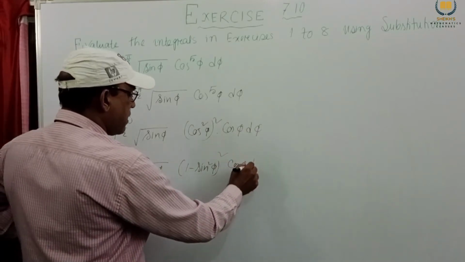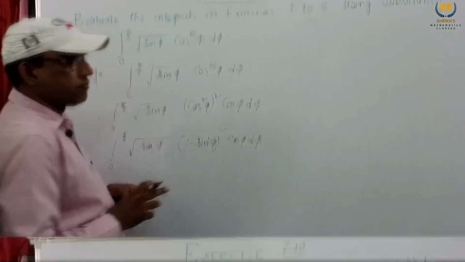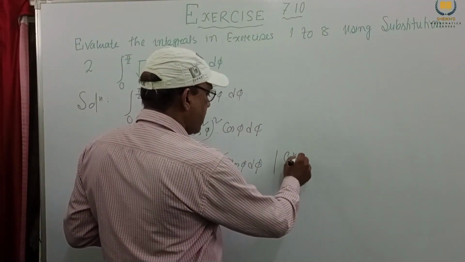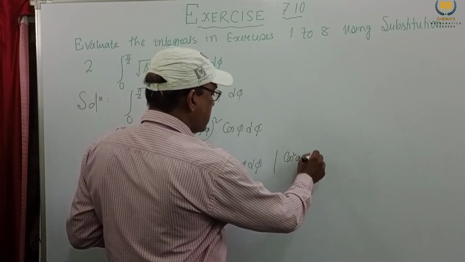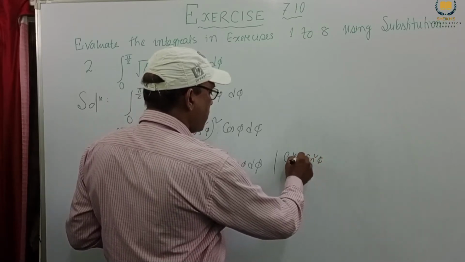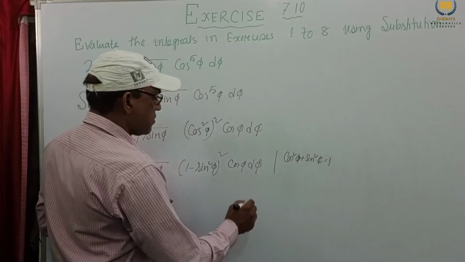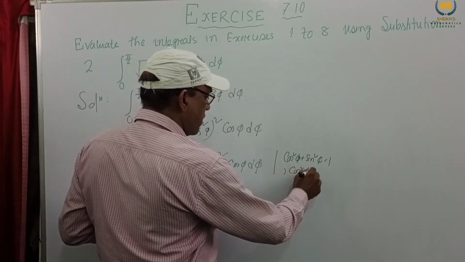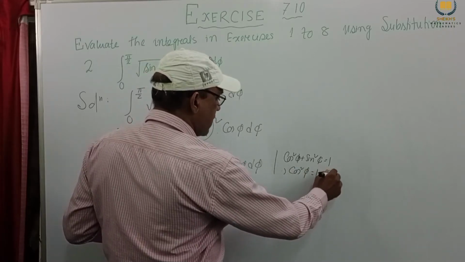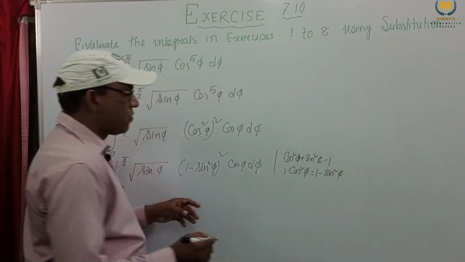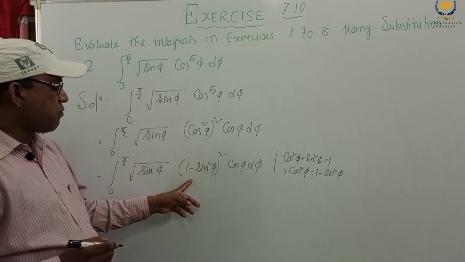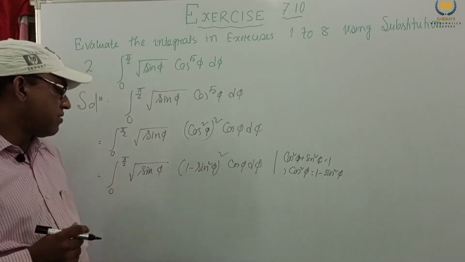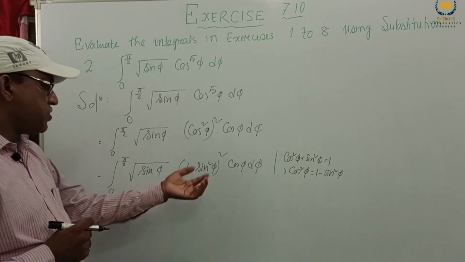Times cos phi d phi. We know this formula, cos square phi plus sin square phi equals 1, so cos square phi equals 1 minus sin square phi. So we replace cos square and put sin square, because sin is given here also, so we write it in the same ratio.